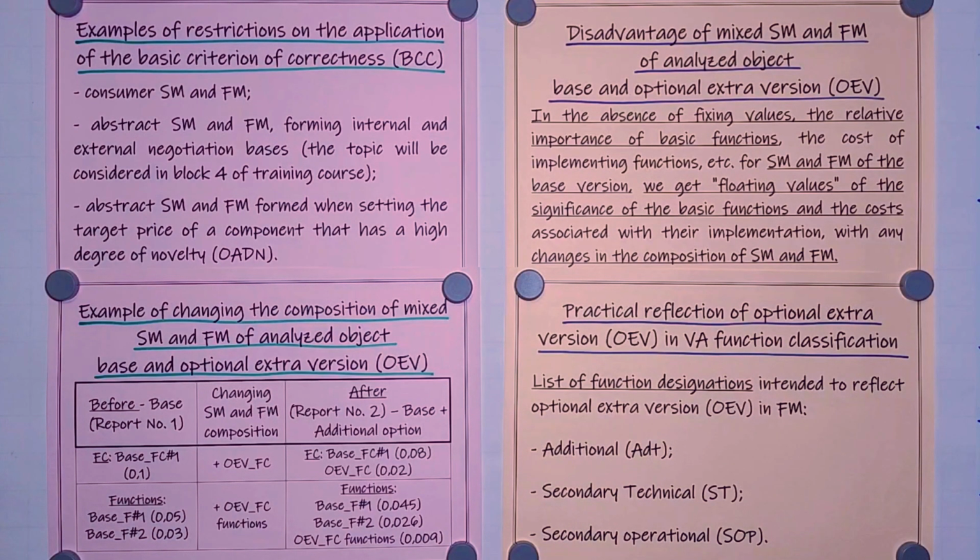When considering the functional elements or carriers of functions of the bushing housing, but intended for the disk brake, we consider the disk brake as an extraversion option in order to demonstrate in this example of the functional model a complete list of types of functions within the framework of the classification announced in the previous video.